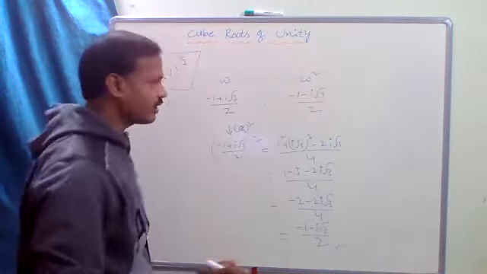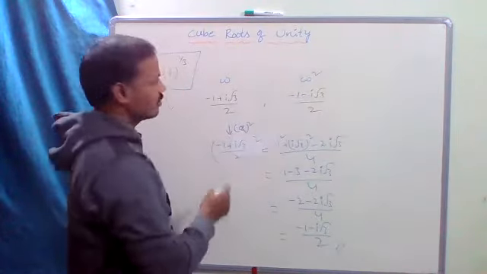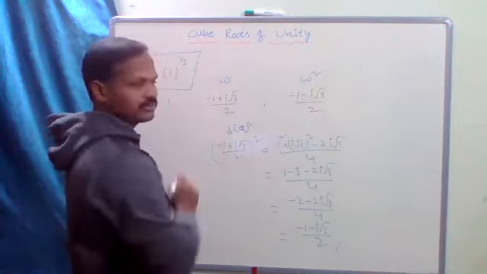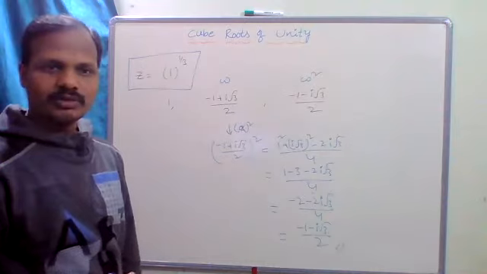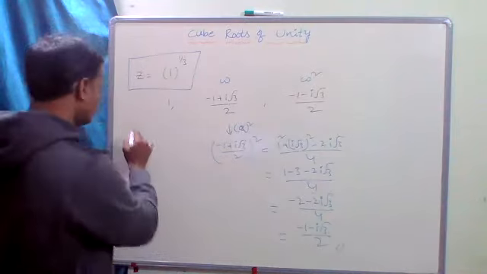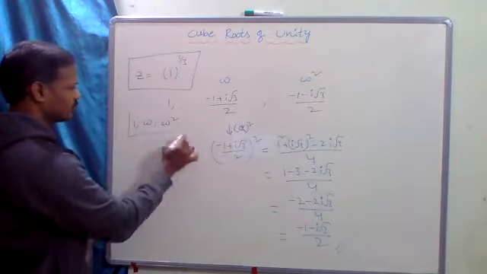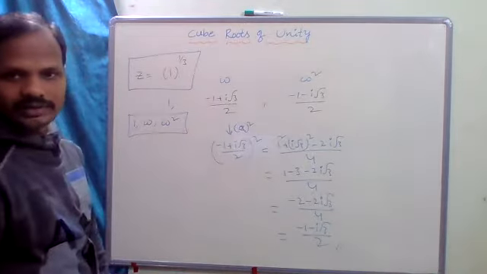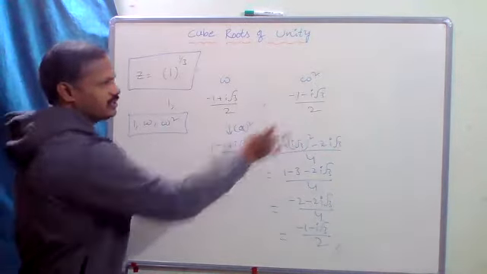Don't be confused: for omega square it is both negative, minus minus; for omega, minus plus. So the cube roots of unity will be denoted by 1, omega, omega square. Remember this notation. Omega is this one, omega square is this one.